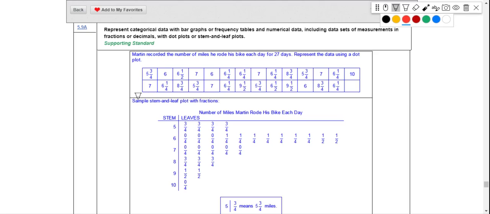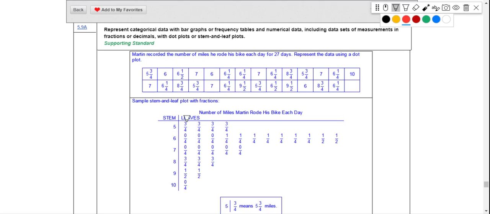All right. Sample stem and leaf plot with fractions. So, number of miles Martin rode his bike each day. 5 3/4, 5 3/4, 5 3/4, 5 3/4. So, how many times did Martin ride his bike 5 3/4?